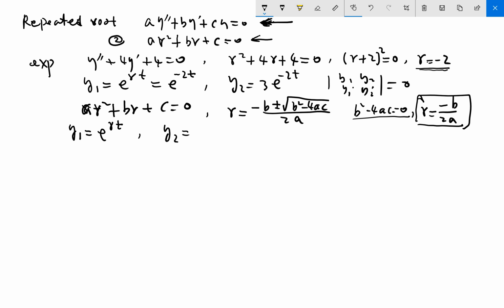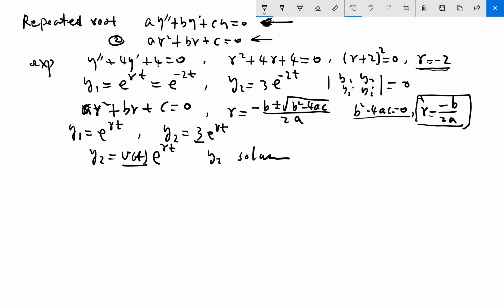So we are going to try y2 in this form: y2 = v(t) e^(rt). Here we don't put a constant, we try a function. We want to choose v(t) such that y2 is a solution.